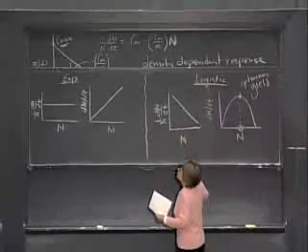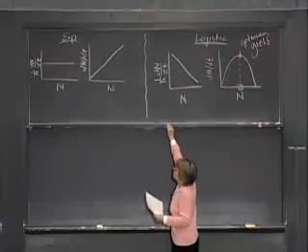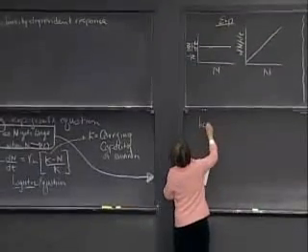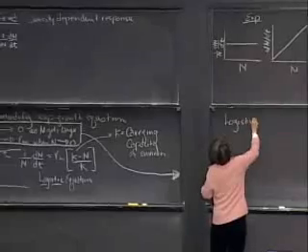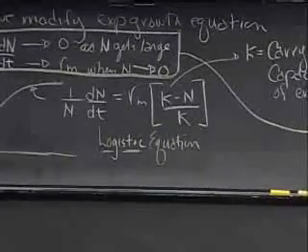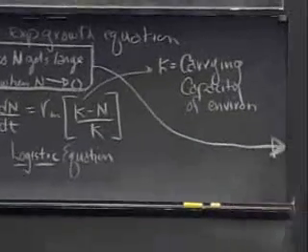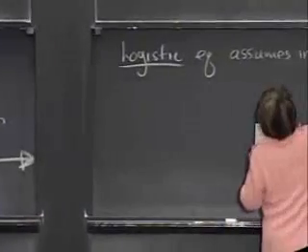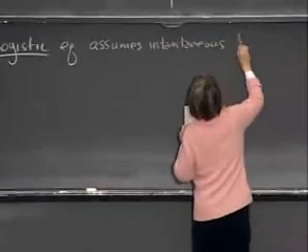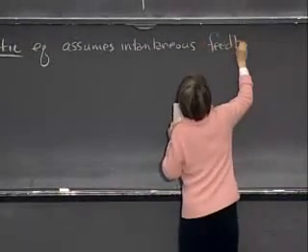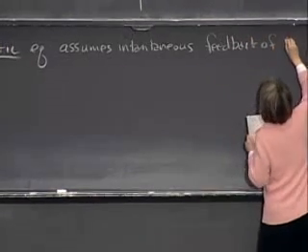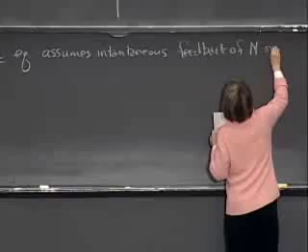One of the features of the logistic equation is that it assumes instantaneous feedback of the density on growth rate.